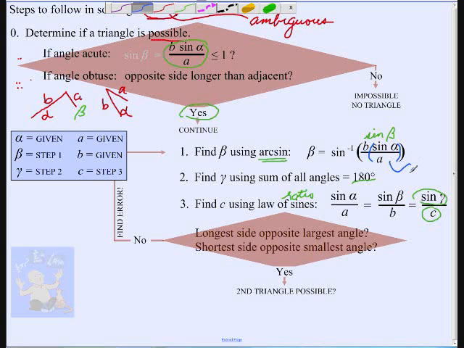That is the law of sines ratio, right? B, the length of the side opposite beta times the ratio that we established with alpha and A.